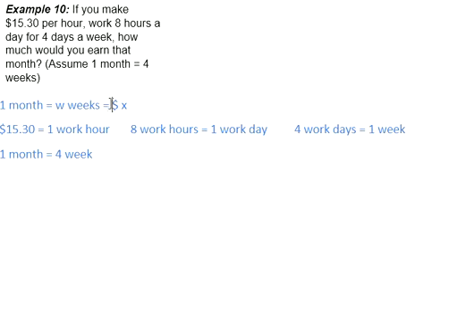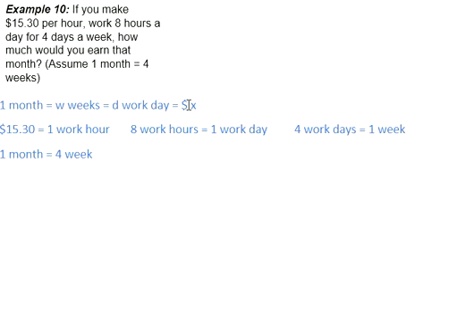Now we still don't have a week to dollar, but I do have a week to work day. So I can figure out how many work days are in that month.